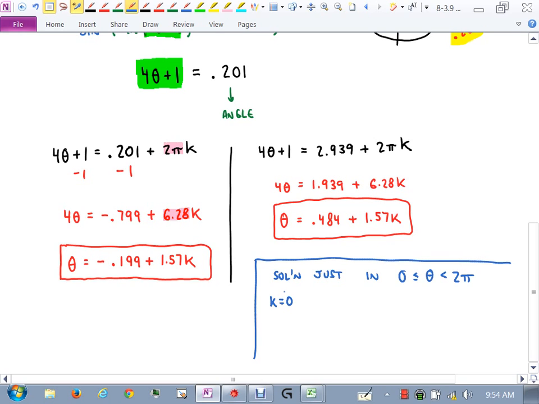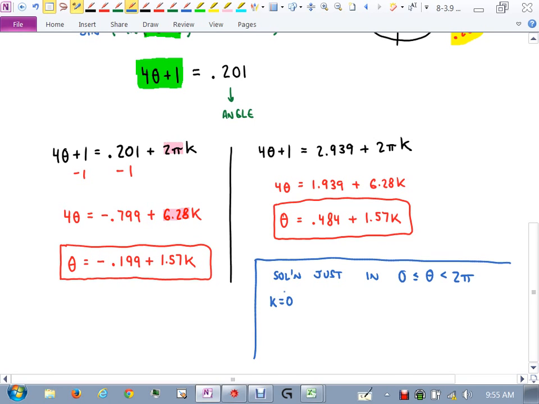If k is 0, what does our first one give us? Negative 0.199. Is that going to work? No, theta has to be bigger than 0. So k equals 0 will not work for this one.